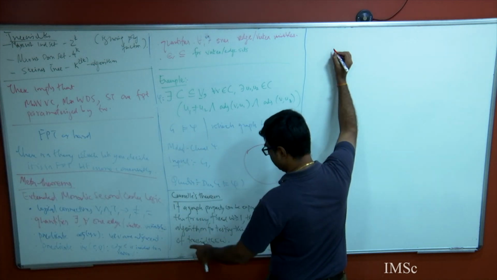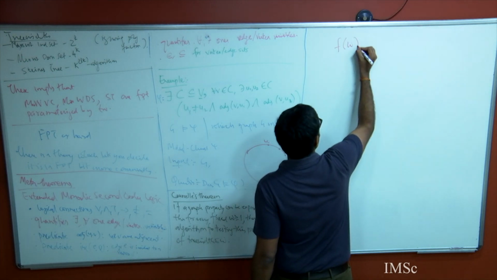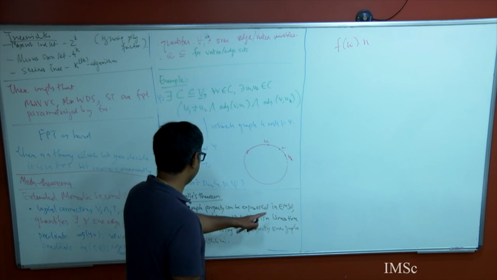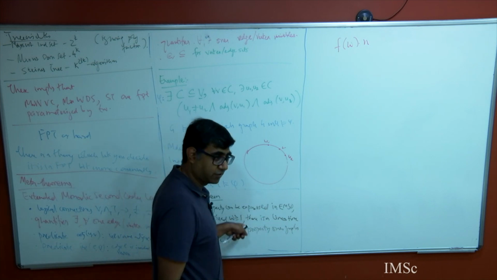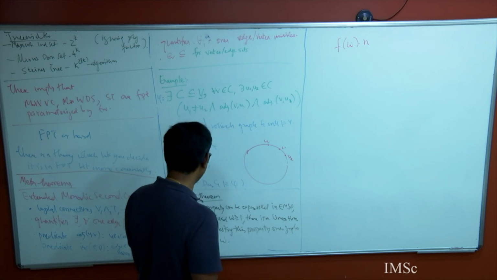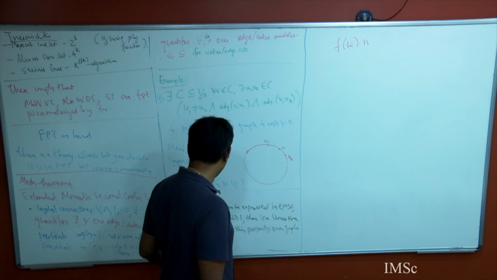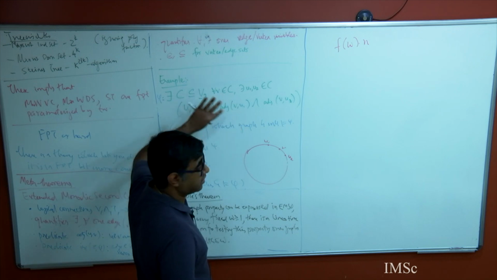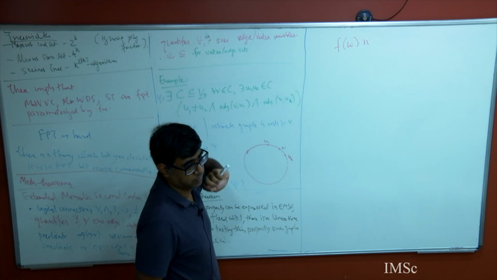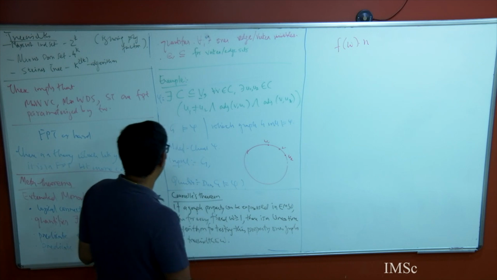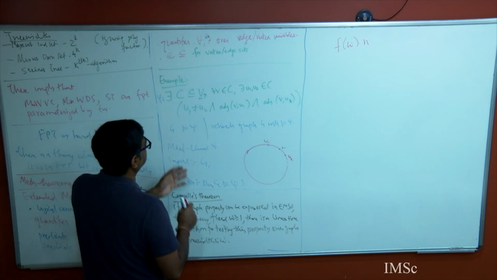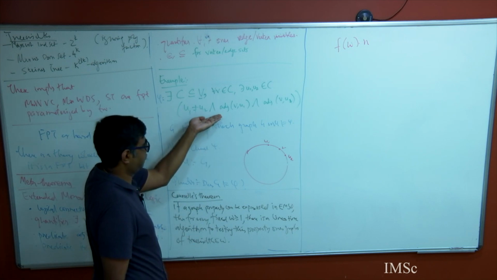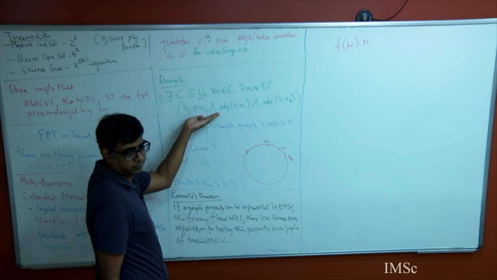This is all that it says: if I can express my property in extended monadic second order logic, then this happens. So testing whether a graph contains a cycle or not is FPT parameterized by tree width, because we just wrote down a formula for this.